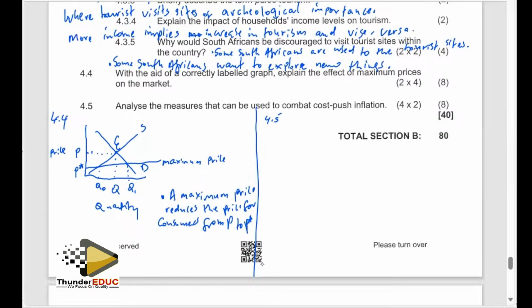And also we are saying that the availability drops from Q to Q0.